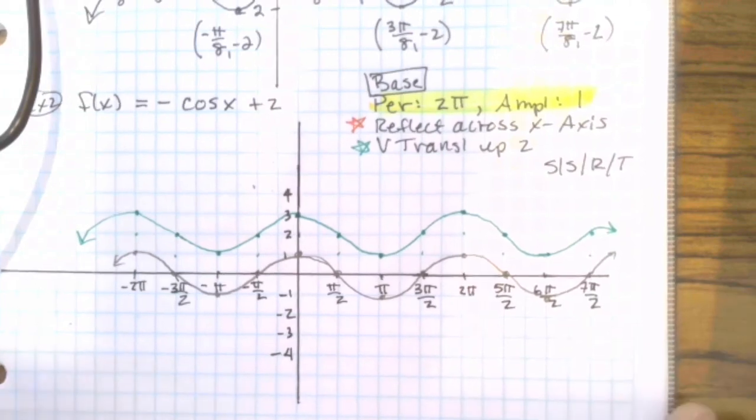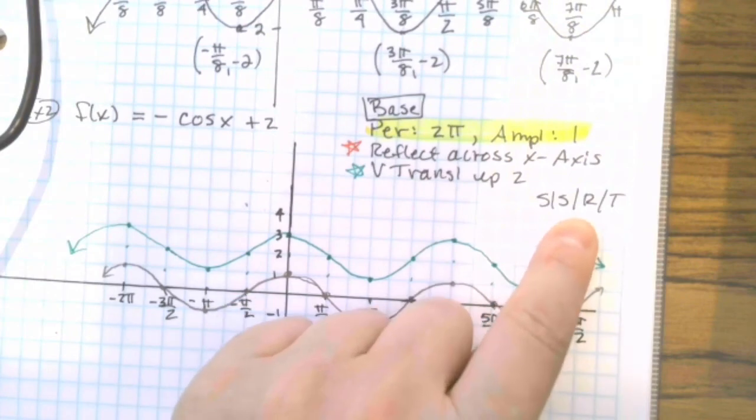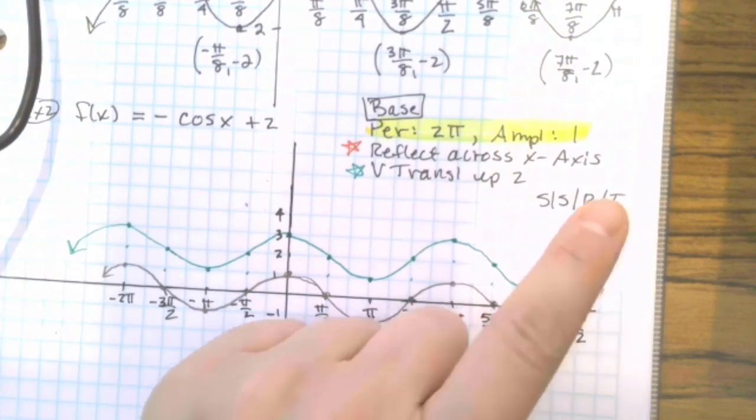If you screw that up, all is not lost. However, you're going to need to reflect across the new midline. So you really should reflect first and then translate. Then you don't have a problem.